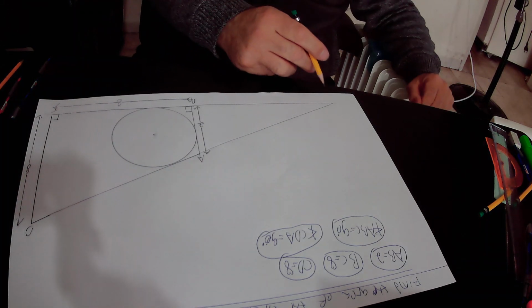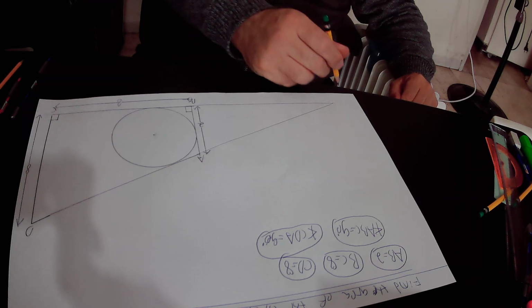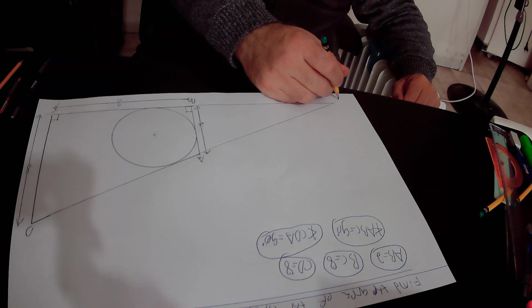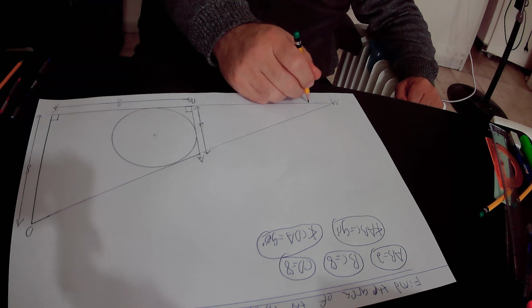So actually, this is their touching point. We'll define the touching point as M. We'll define this angle as theta.